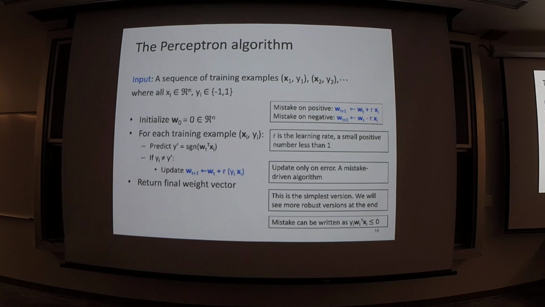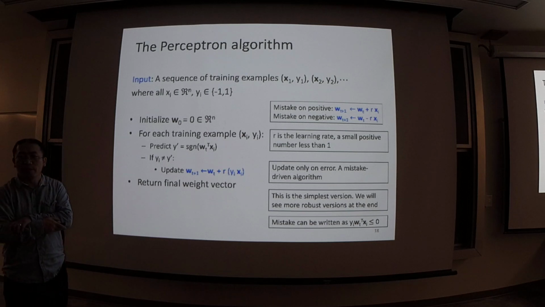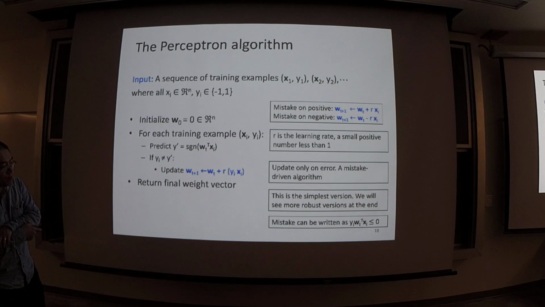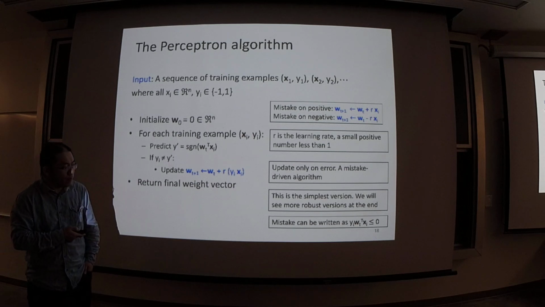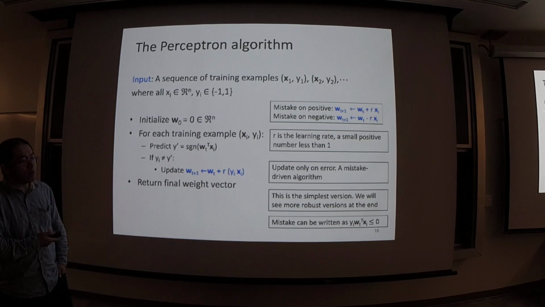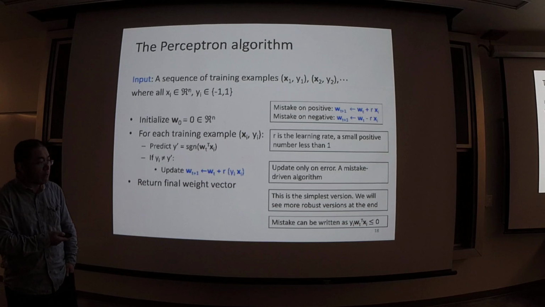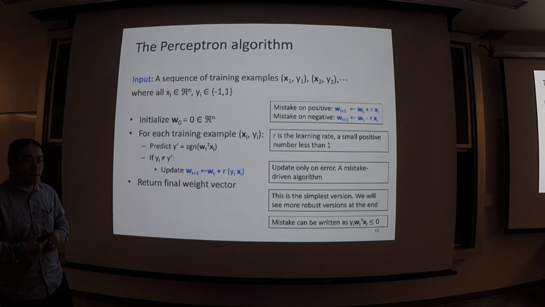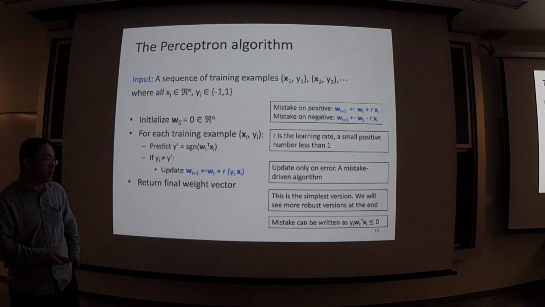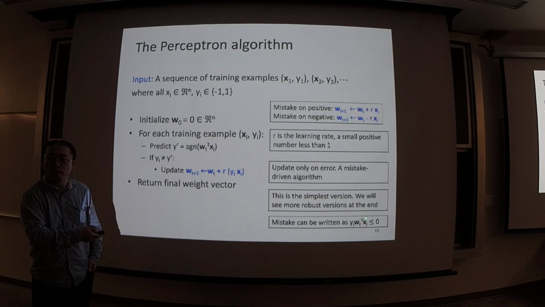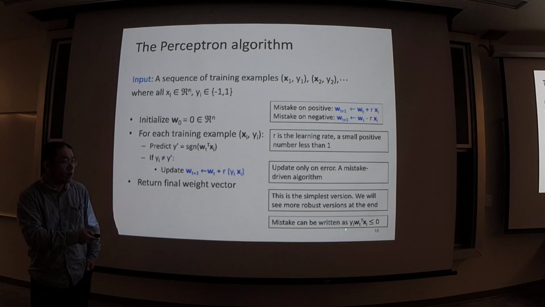Before we talk about the rationale of this mistake-driven update, we need to first be aware that any type of mistake can be written as this inequality. WT is your current weight vector. If you make a mistake, no matter in predicting positive examples or negative examples, you're going to have this inequality hold: namely, the ground truth label Yi times W transpose Xi is less than or equal to 0.